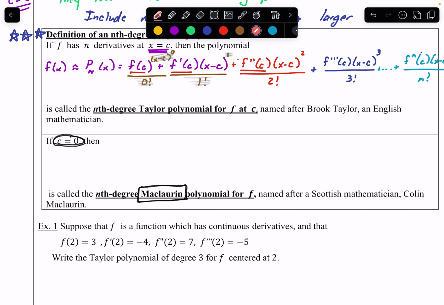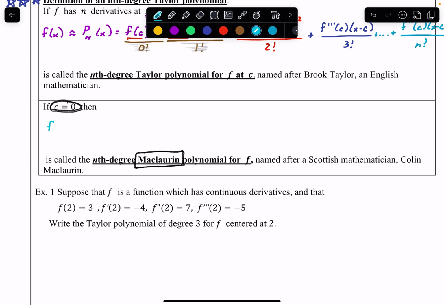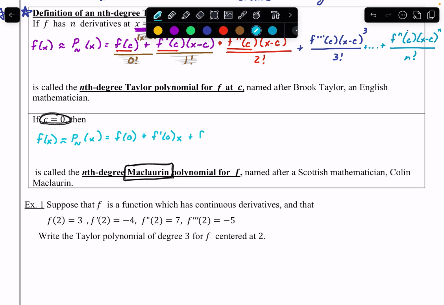So let's do, get me a slightly different color here. Let's do the formula for a Maclaurin series. We're approximating. You could call this M. You could also call it P because it's going to be a polynomial. And we would go, the center is 0, so f of 0 plus f prime of 0 times x, because it's x to the 1, plus f double prime of 0 times x squared over 2 factorial.